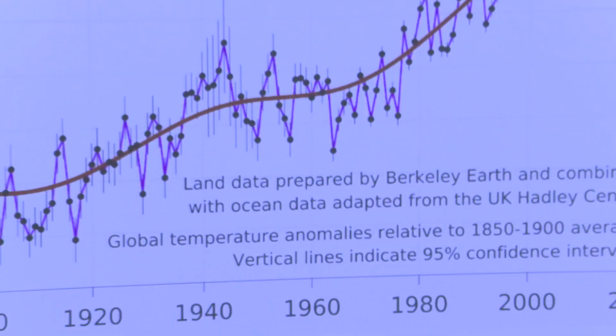So as a result of the Industrial Revolution and our modern energy needs, the global mean temperature has continued to rise since the mid-1800s. And in fact, this last year, 2023, was the hottest mean temperature, I think, 1.4 degrees Celsius.